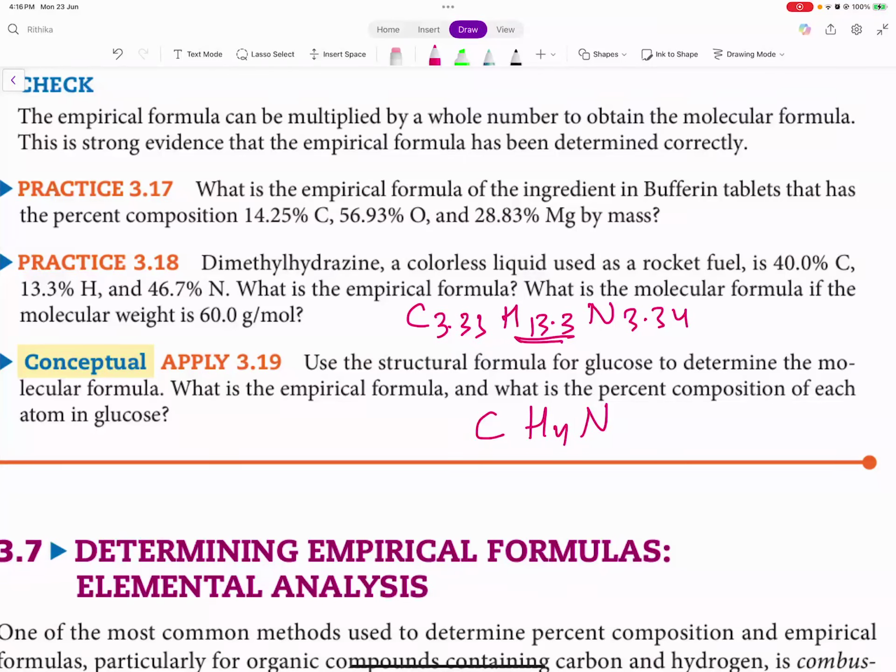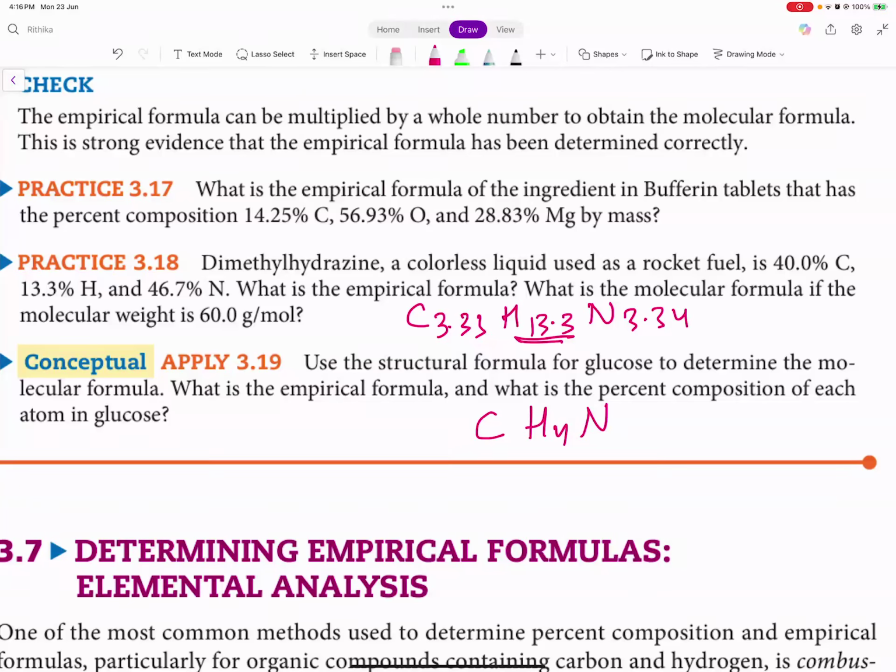Empirical formula. I think it is correct, Ritika. Yes, sir. And what is the molecular formula if the formula mass is this? Where do we get the multiple?